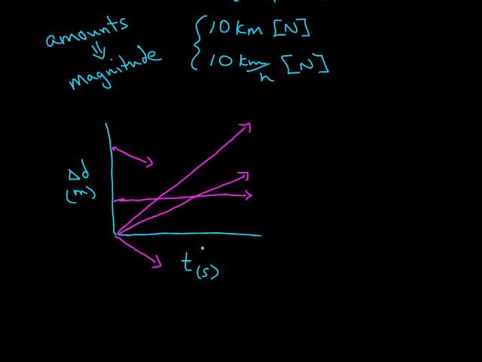Any of these would depict the velocity of the object. The steeper the slope equals faster. Even if it's negative, so this would be a very steep slope just in the negative direction.